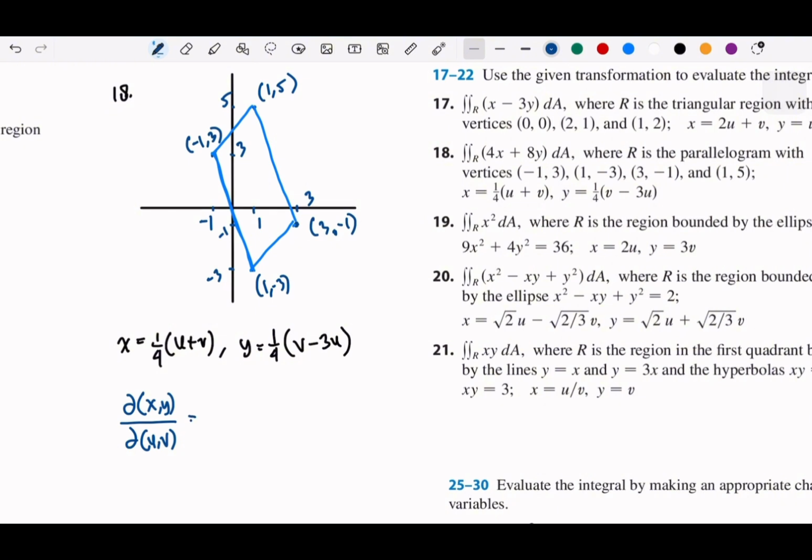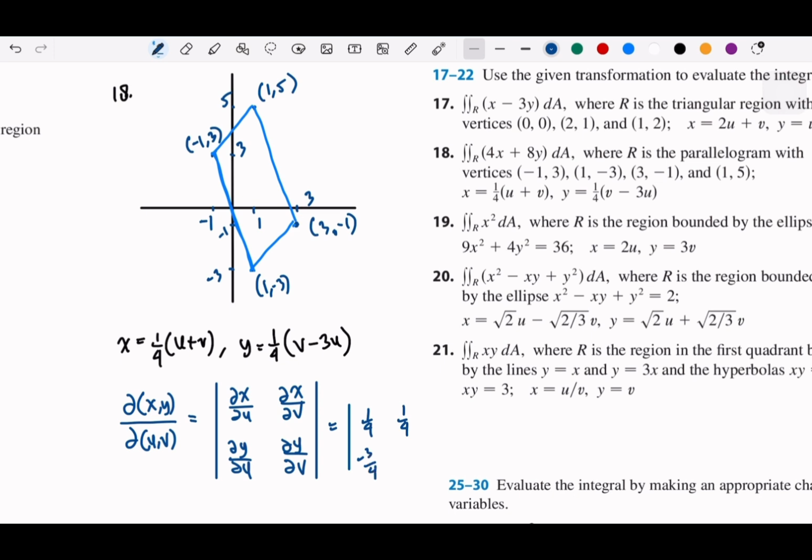And then we take partial x partial u, partial x partial v, partial y partial u, partial y partial v. Taking the partial x with respect to u, this will be 1 over 4, and 1 over 4. And this will be partial y partial u, which is negative 3 over 4.